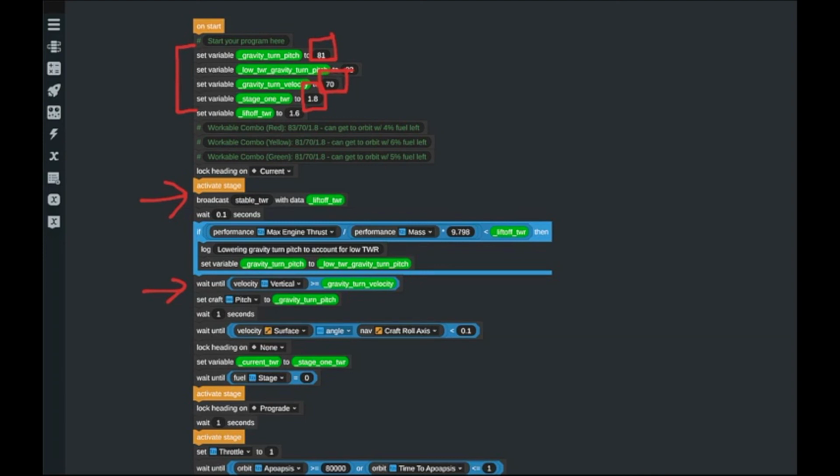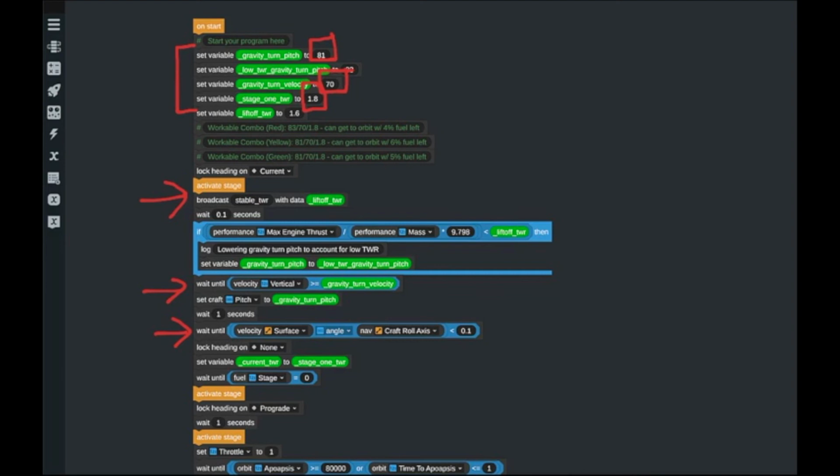The method I'm using for the gravity turn could use some improvement. I'm setting a fixed pitch angle and then waiting for the direction of motion to come into alignment with that vector, at which point I unlock the heading and let the rocket gradually rotate as gravity, angular momentum, and atmospheric drag act on it.